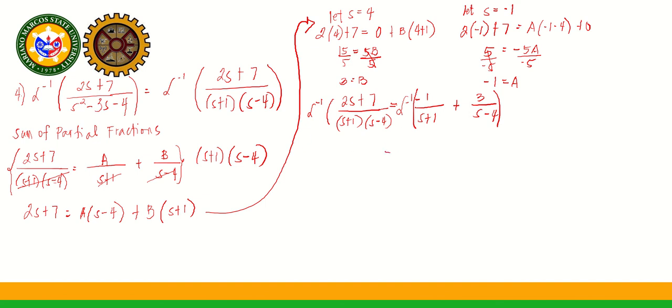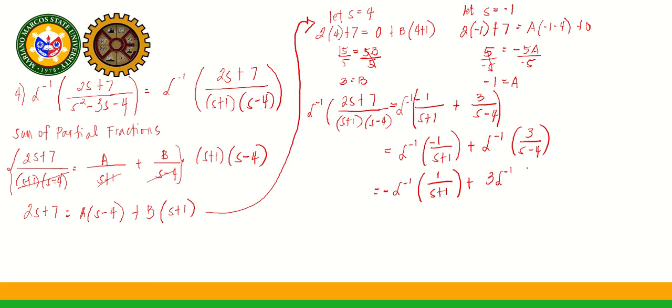So this is equal to the inverse Laplace of negative 1 over s plus 1 plus the inverse Laplace of 3 over s minus 4. Since these are constants, pwede natin silang i-isolate. So, this will be equal to negative, since 1 yan, negative na lang, and then inverse Laplace of 1 over s plus 1 plus 3 inverse Laplace of 1 over s minus 4.